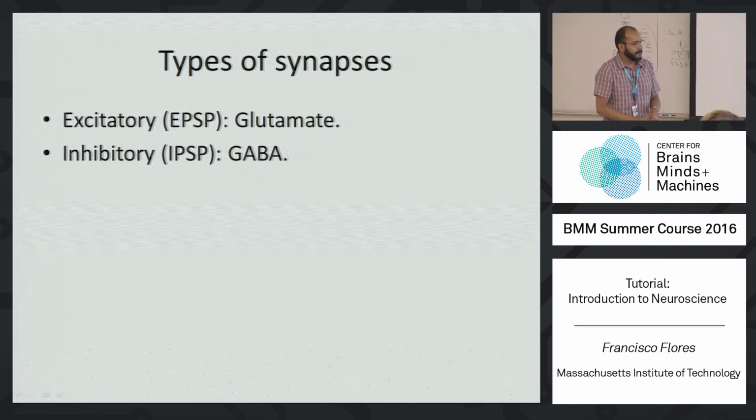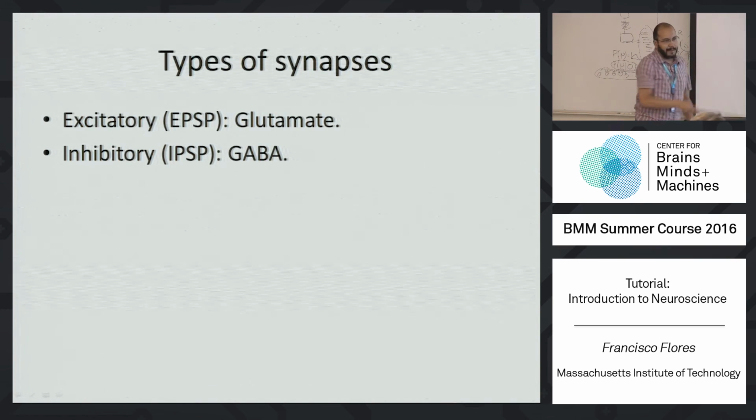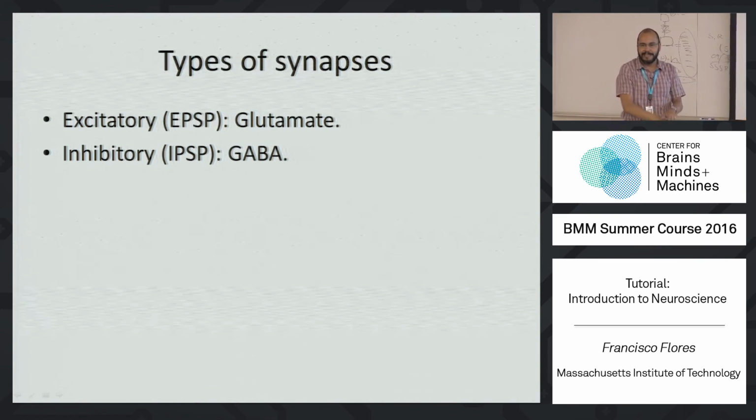The NMDA receptor is called the coincidence receptor. Whenever an EPSP happens in close proximity to where the NMDA receptors are, if there is, let's say, a lot of input coming, so the neuron is depolarized for a long time, and there are NMDA receptors around this area that is being depolarized, these are going to open.